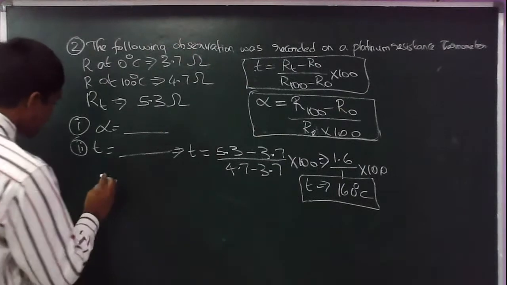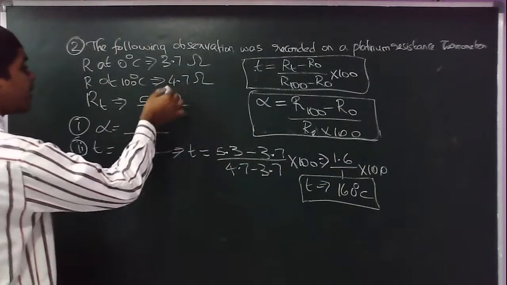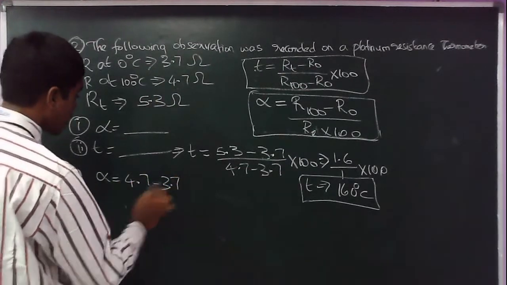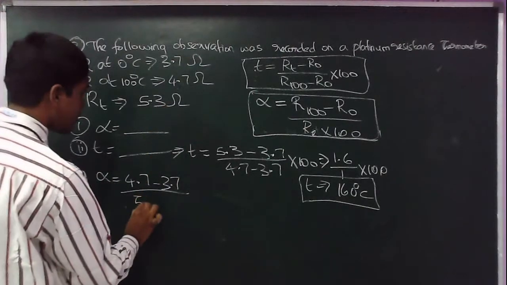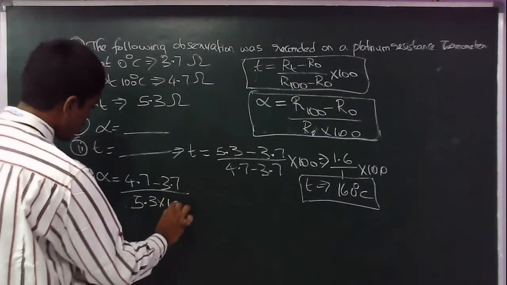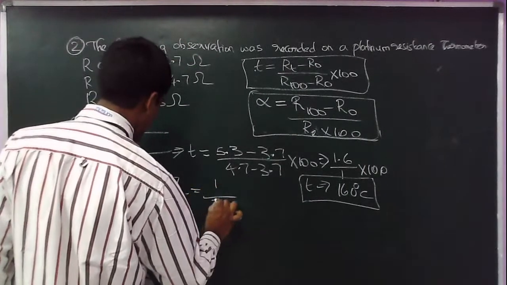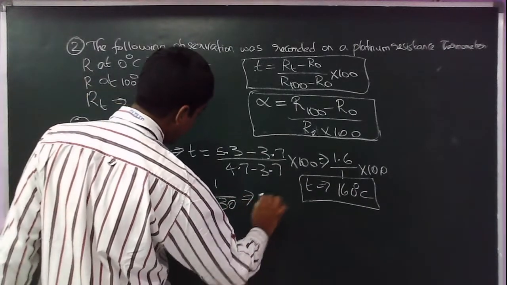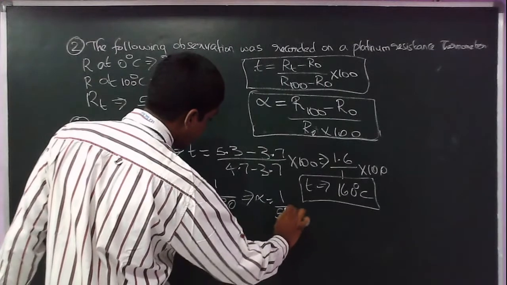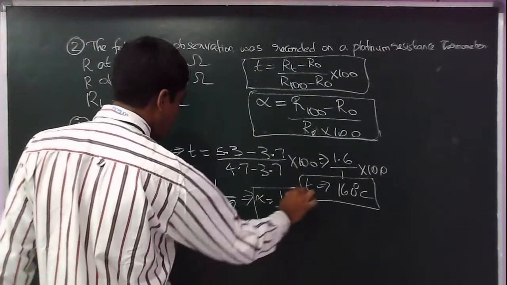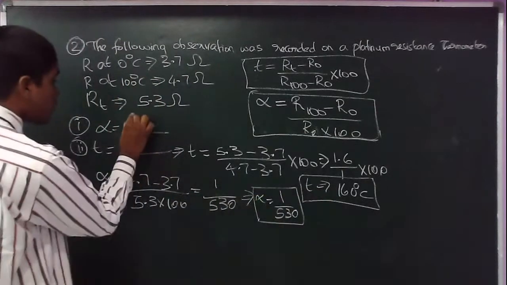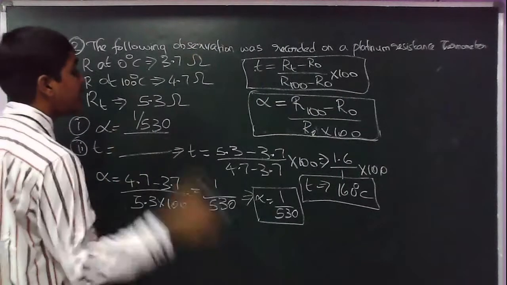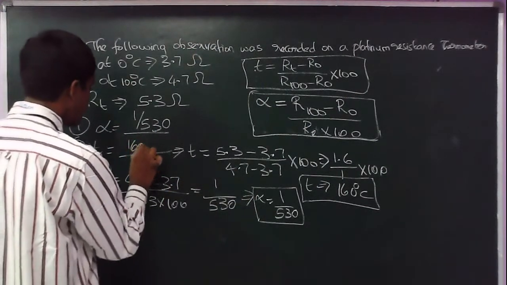Now alpha. Alpha is equal to R100 which is 4.7 minus 3.7 upon 5.3 into 100. So it will become 1 upon 530. So we can write alpha is equal to 1 by 530, and the temperature is 160 degrees.